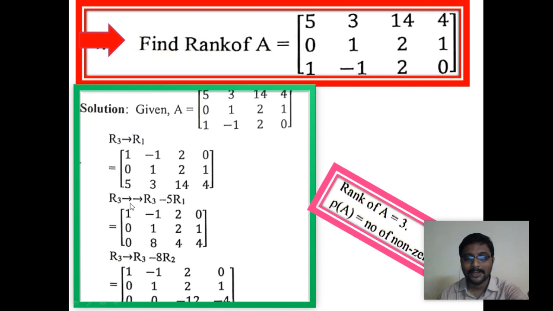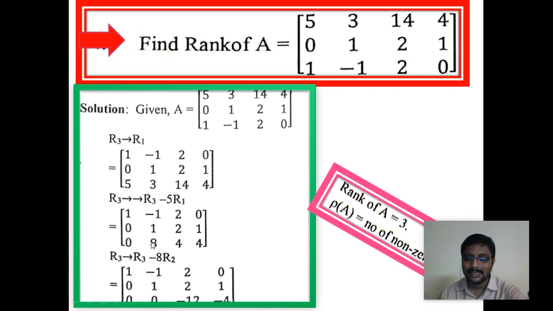Now apply the operation R3 goes to R3 minus 5R1, multiplying the elements of row 1 by 5 and subtracting the corresponding elements from row 3. So we will have zeros here.